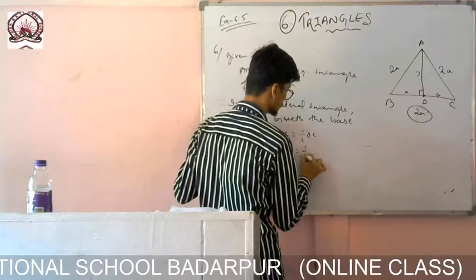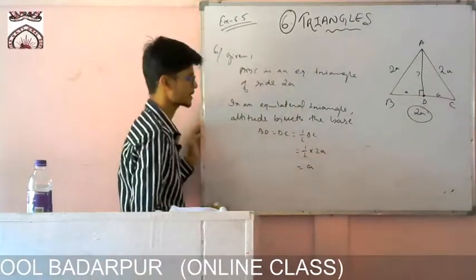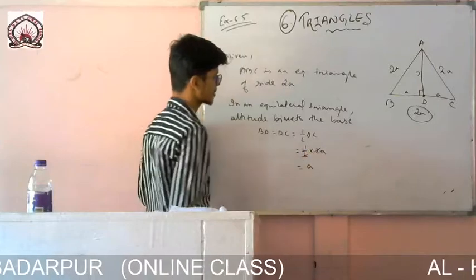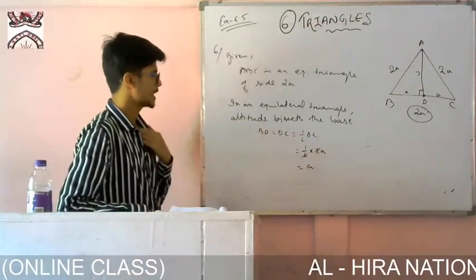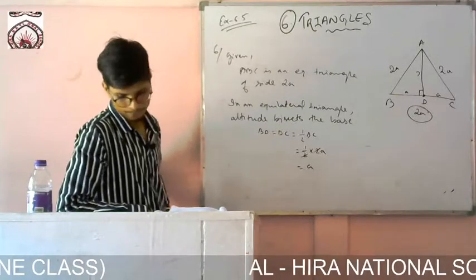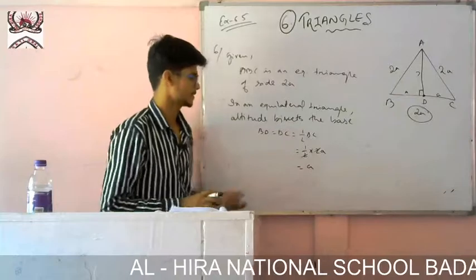Half of BC means half into twice A. That means the side is coming A, as the 2 cancels. So BD equals DC equals half of BC, that is A. Or directly you can write it, it's up to you.